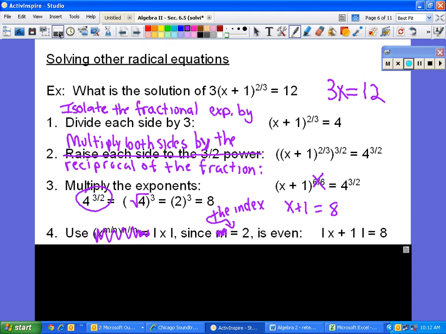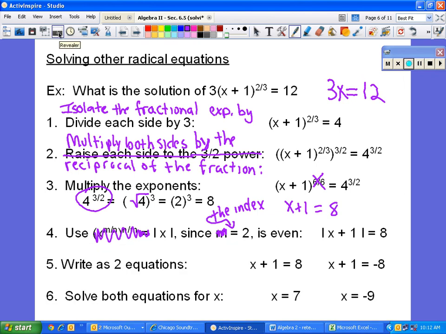So what you're going to end up with is 2 equations. Let me finish. The first equation, which is just x plus 1 equals 8, you rewrite it. The second one is x plus 1 equals the opposite of whatever your first equation is. So the first one was 8, the opposite is negative 8. Then you solve both equations, you get 7, and then you get negative 9.